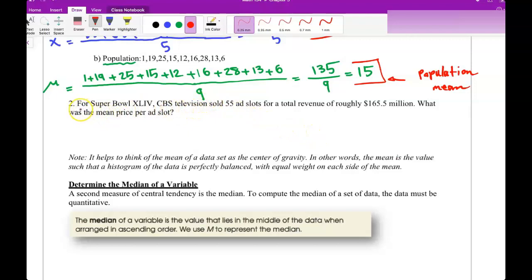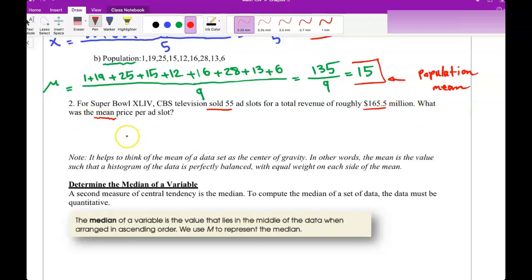Okay, number 2. Here on this board, they sold 55 ad slots for a total revenue of roughly $165.5 million. What was the mean price?